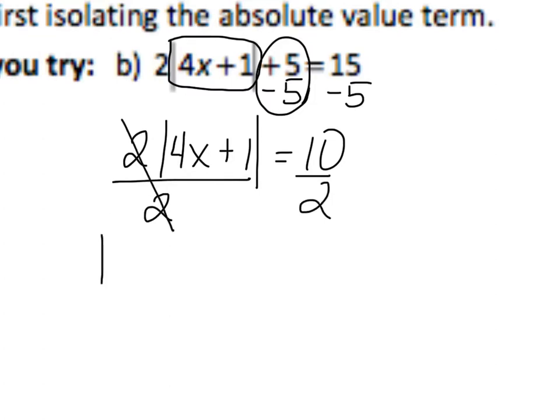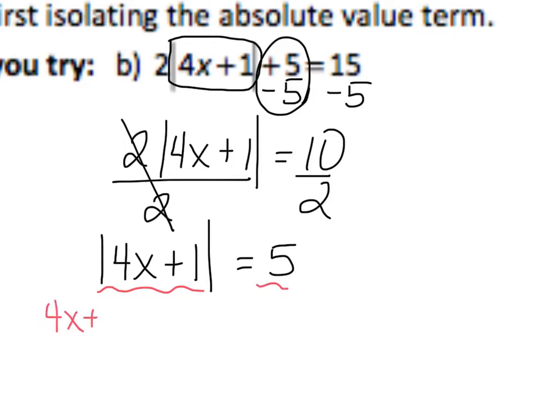So I'll be left with the absolute value of 4x plus 1 equals 5. So now that I have the absolute value by itself, I can make 2 equations, changing that number on the end. So 4x plus 1 equals 5, and 4x plus 1 equals -5.